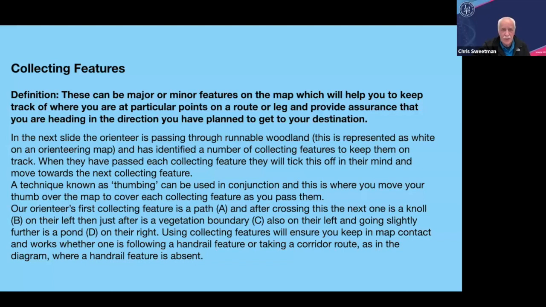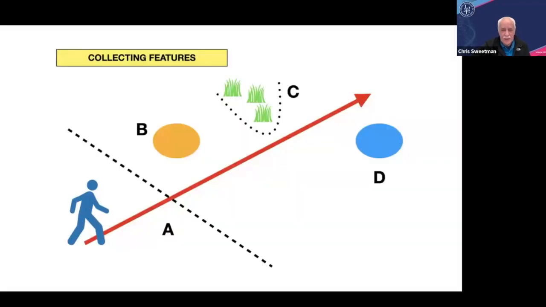And collecting features, again, you've got the text. So once they've read that, how can I record information? We can use a graphic. So basically you're collecting features as you move along this red line. There's no footpath here. This is going through the terrain. If you go in the right direction, you're picking up these collecting features. The first one, A, you're crossing over a path junction. The next one, B, is a knoll.